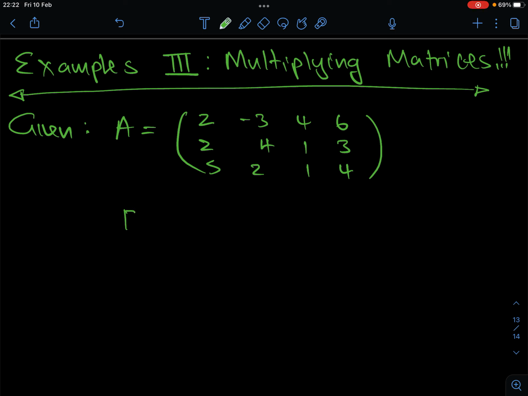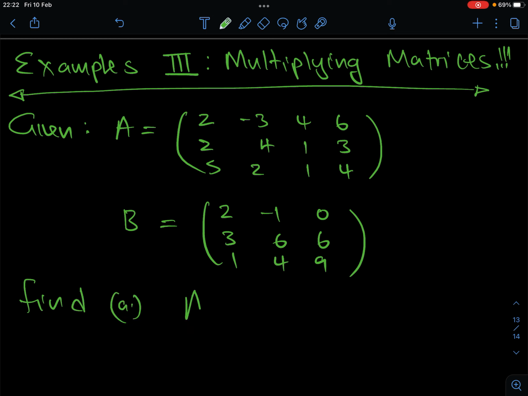And we're also given the matrix B, which is 2, minus 1, 0, 3, 6, 6, 1, 4, 9. Given these two matrices, find first AB, then second BA.